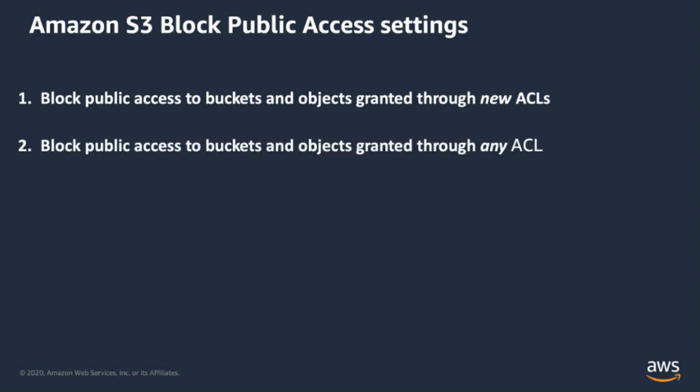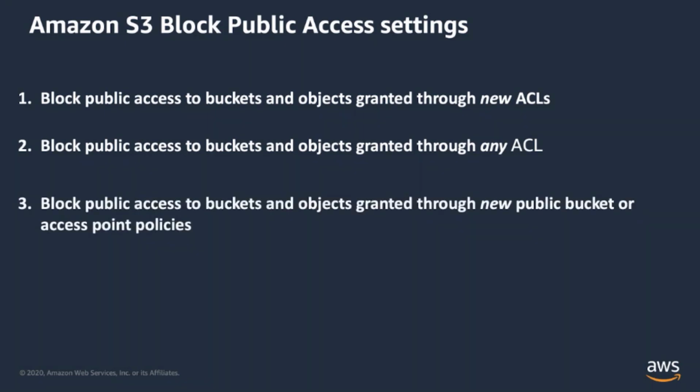So second one is block public access to buckets and objects granted through any ACL. So this means if you already have an object with a public ACL, then access to that object will be blocked. Third, block public access to buckets and objects granted through new public bucket policies and access point policies. So we haven't really talked much about access points, but they have policies.